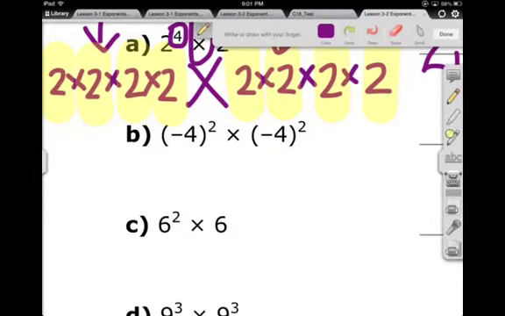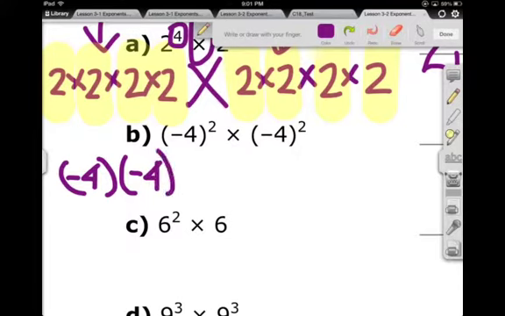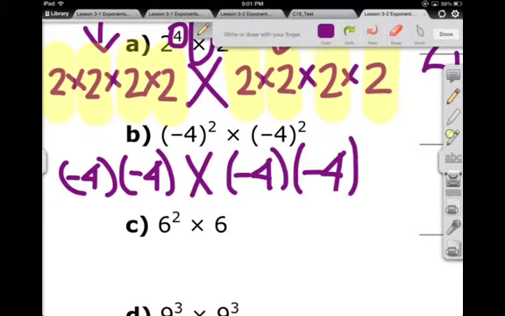In the example below, we have -4 times -4, I'll draw that with parentheses, multiplied by -4 multiplied by -4. Stop and ask yourself, how many times did the -4 get multiplied by itself? 1, 2, 3, and there you go.